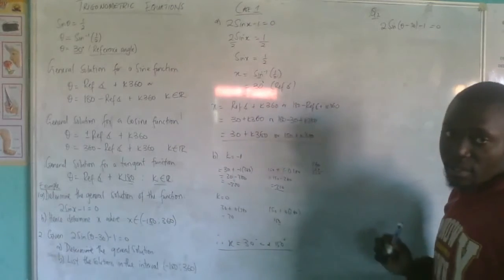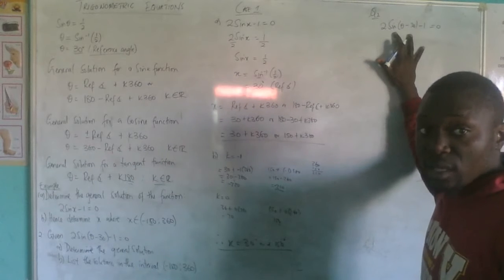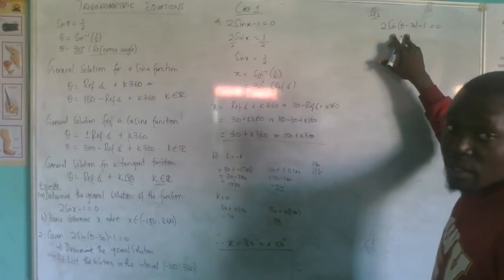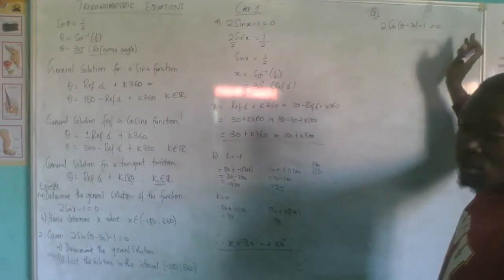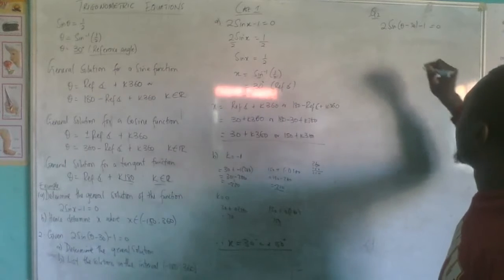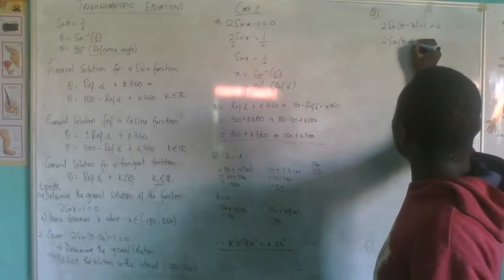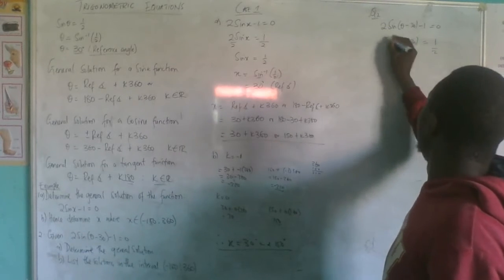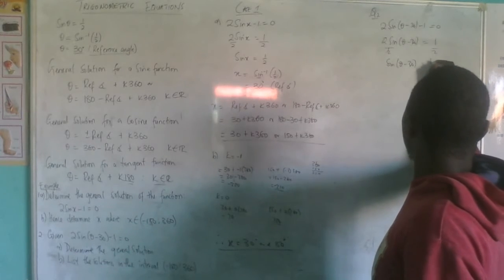So the first thing still, I need to make sure that only a single trig ratio is left on my left hand side. So any coefficient, any constant will be taken to the other side. So I'll have 2 sine (theta minus 30) equals 1, divide both sides by 2. So sine (theta minus 30) equals half.